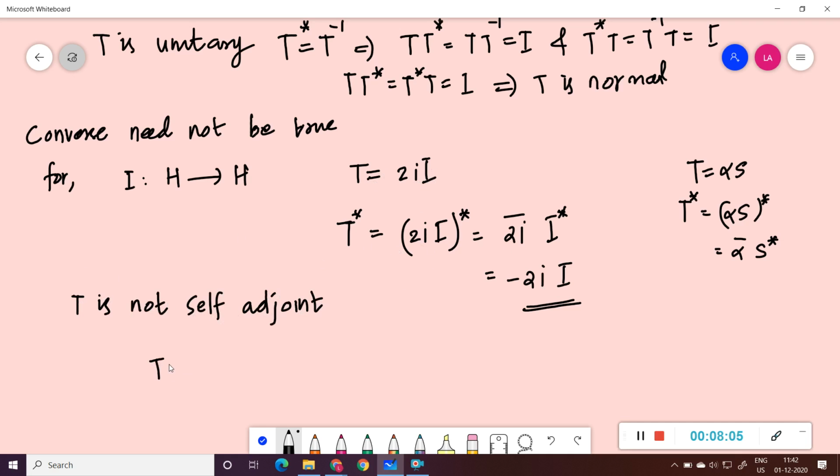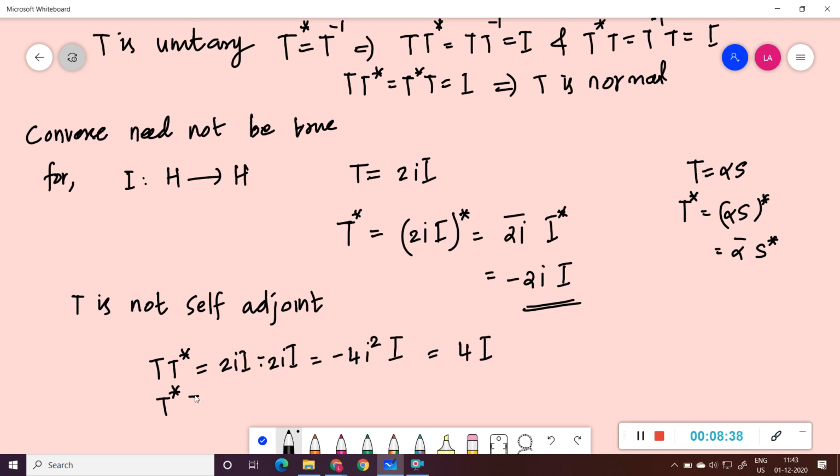Now T T star should be equal to 2i times minus 2i, which is equal to minus 4 i square, times I. i times i is i square, and i square is minus 1. Minus 1 times minus 4 is 4. So which is 4I.